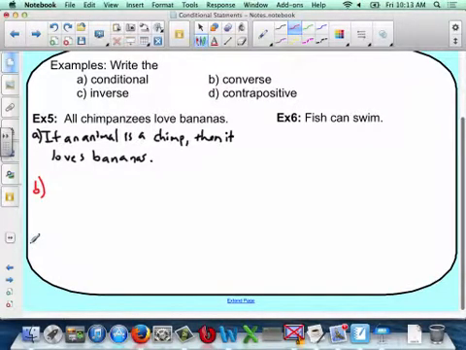So what would be my converse? If it loves bananas, then it is a chimp, right?